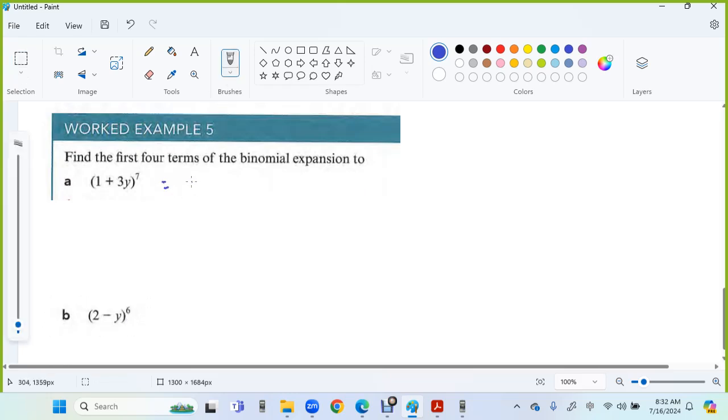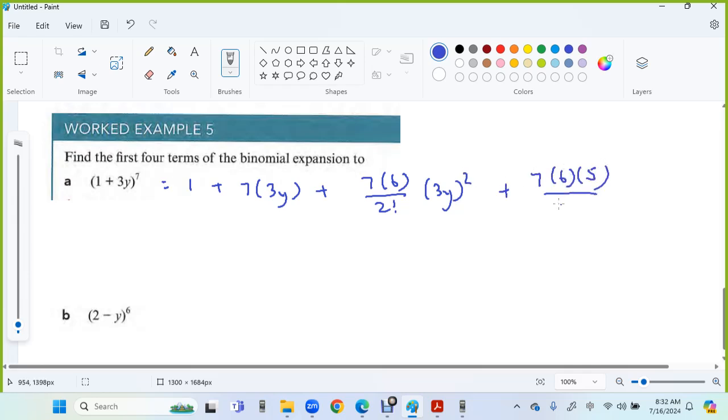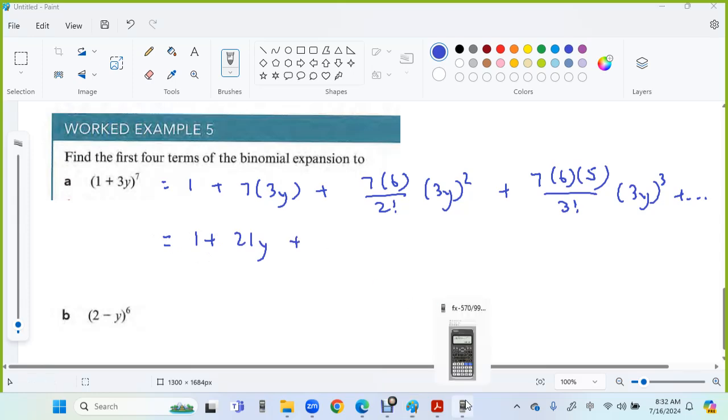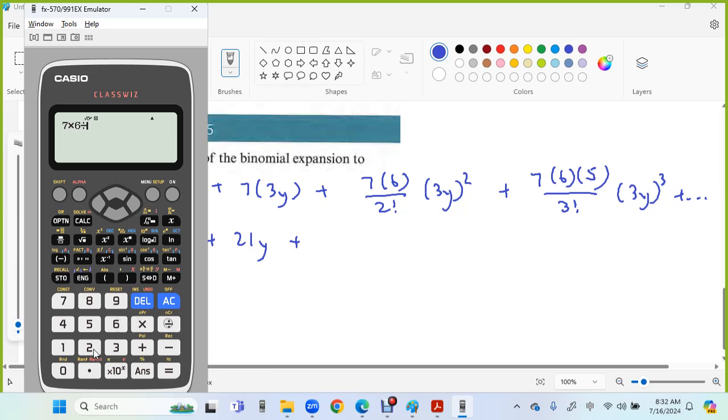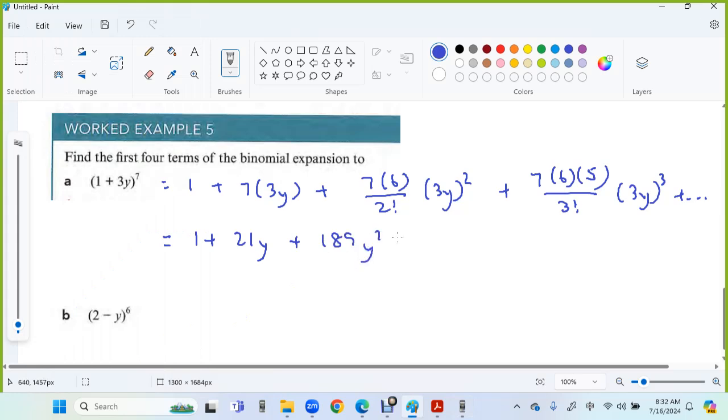So we have 1 plus 7 times 3y, plus 7 times 6 over 2 factorial times (3y) squared, plus 7, 6, 5 over 3 factorial times (3y) cubed. Then it will be 1 plus 21y, plus 7 times 6 divided by 2 times 3 squared, which is 189y squared.